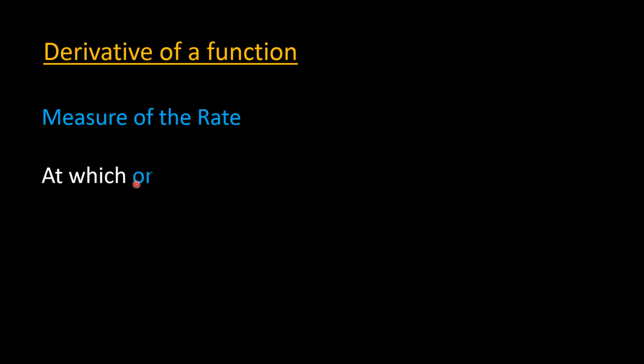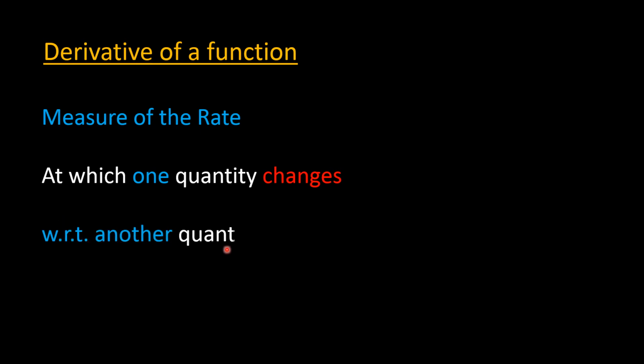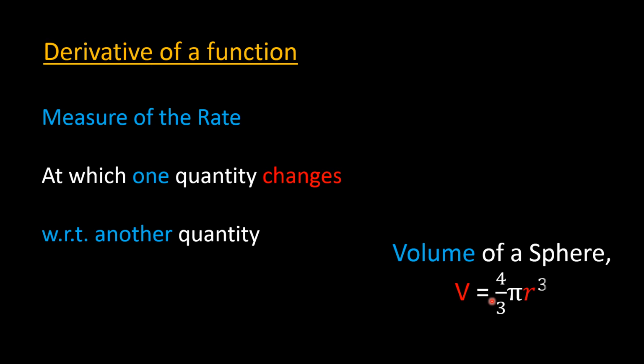In this video, we will understand the concept of derivative of a function. Derivative is a measure of the rate at which one quantity changes with respect to another quantity. Say, for example, the volume of a sphere is given as V equals 4 by 3 pi r cube.